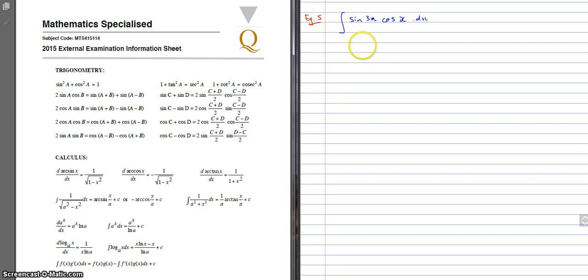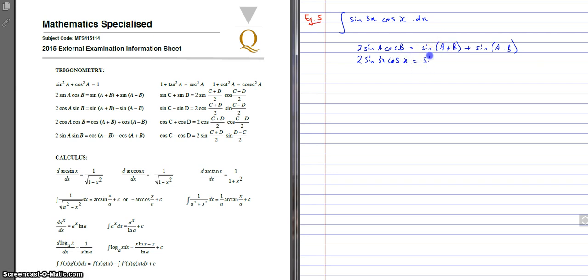So let's consider that. If we have 2 times sine A cos B, then that can be written as sine A plus B plus sine A minus B. Now our particular situation that we have is that we've got 2 sine 3x cos x. So what can we write it then as?